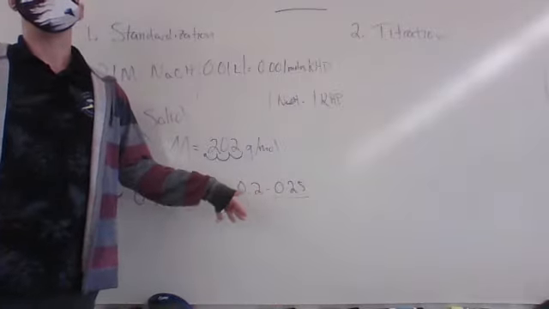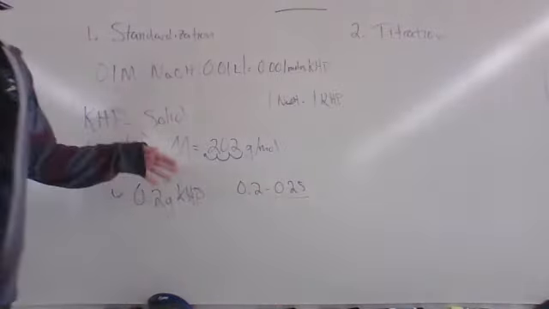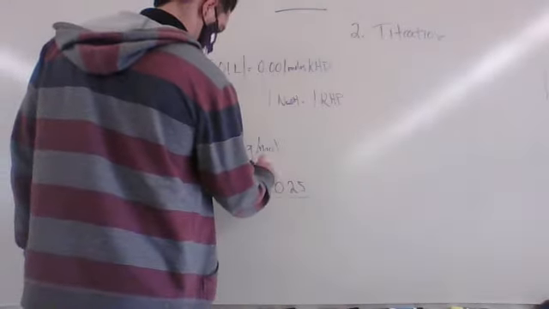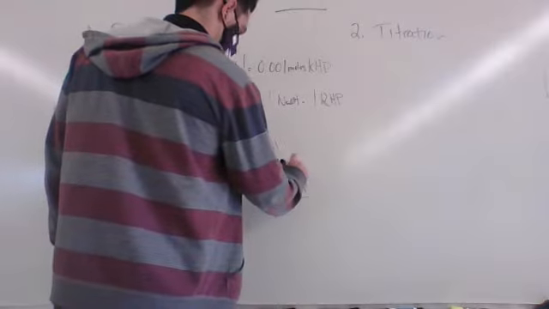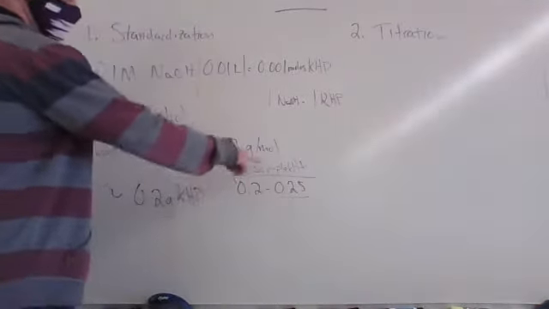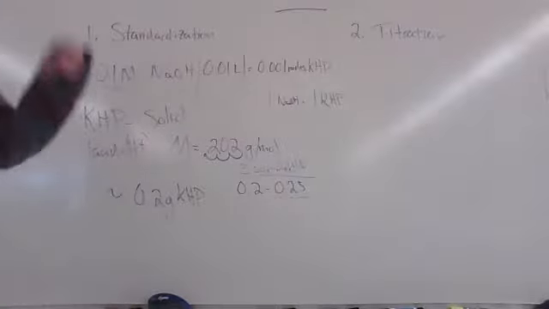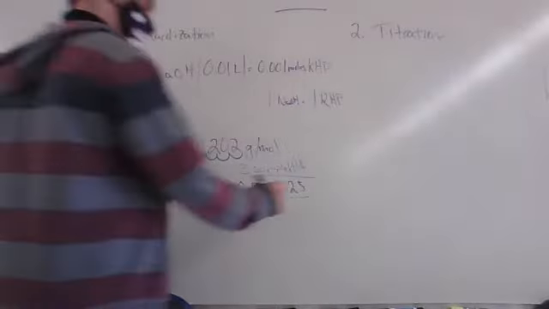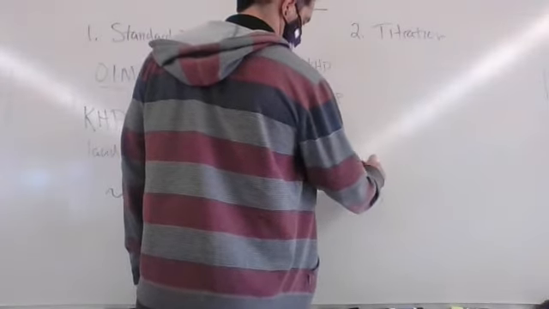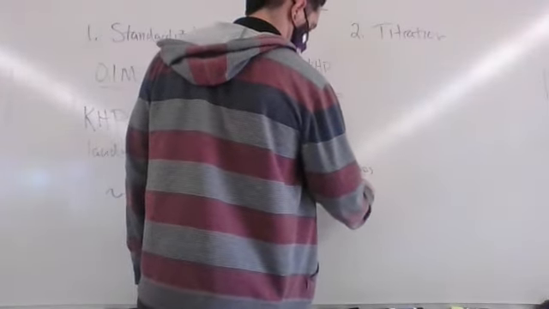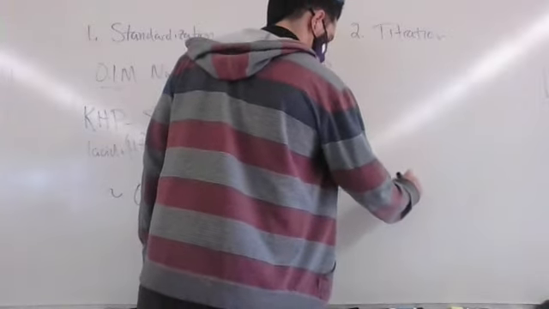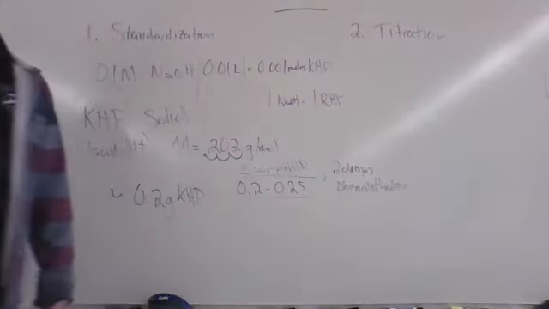And then we're going to do 3 trials of this, so 3 samples of KHP at 0.2 to 0.25, and we're going to add 2 drops of phenolphthalein, which is our indicator solution.